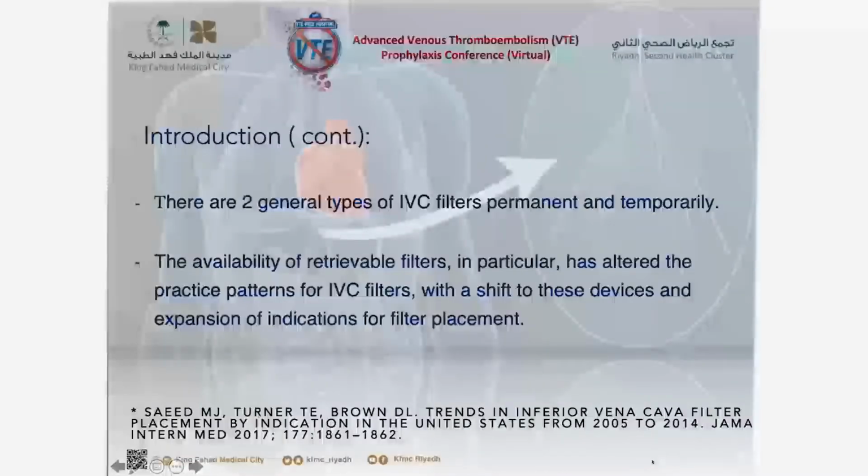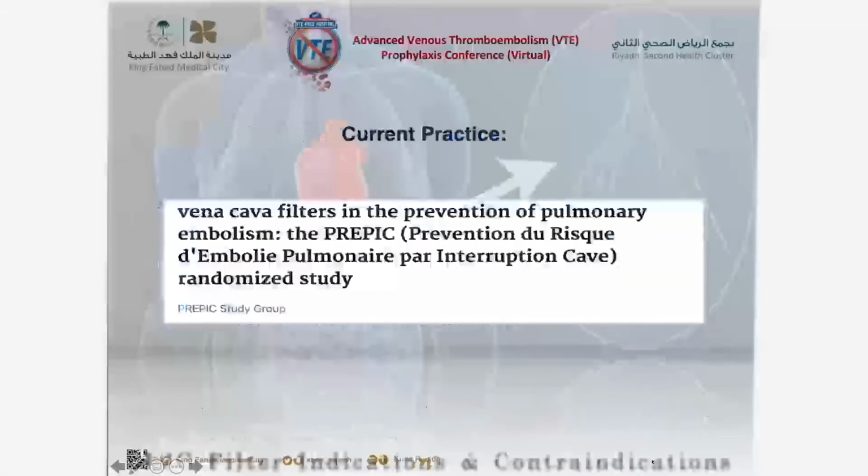Two types of IVC filter we know: the permanent and the temporary, the optional one. The availability of the temporary, retrievable, or convertible filters in particular has altered the practice pattern for the IVC filter, with the shift to these devices and expansion of the indications for filter placement.